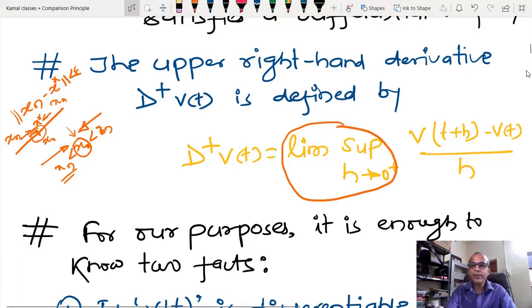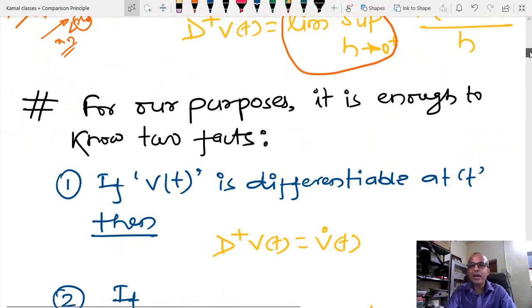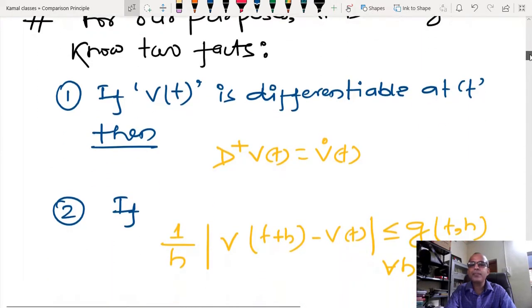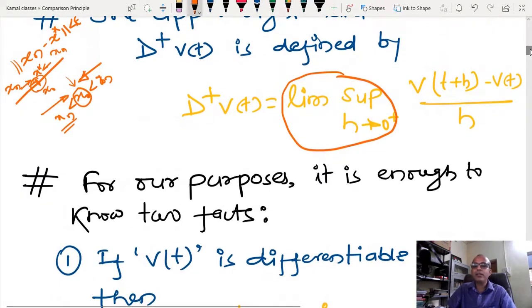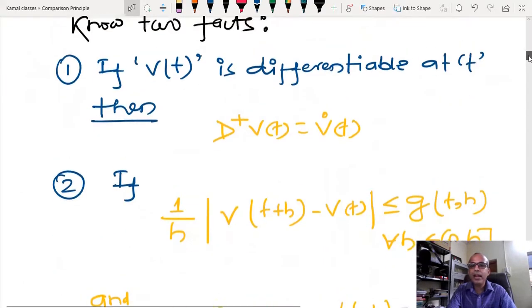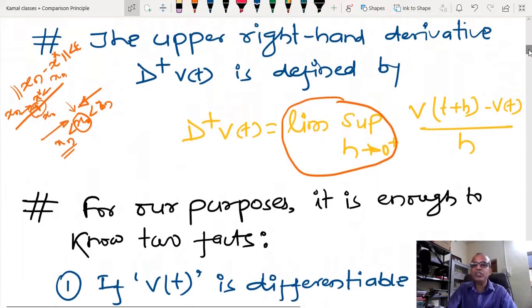Okay, so if you don't have confusion, then what is our purpose now? For our purpose, I just need these two properties of what I have defined previously, the upper right hand derivative, and upper right hand because people are writing 0 plus, and for that reason this name upper right hand comes into the picture.